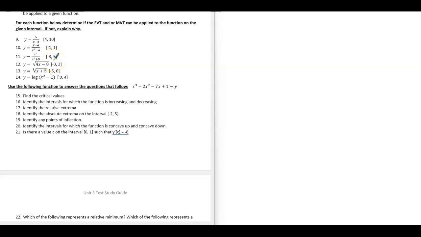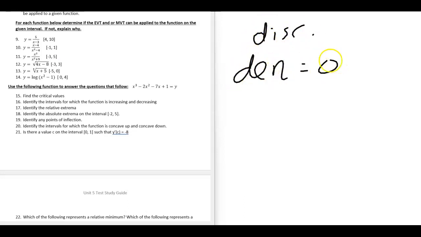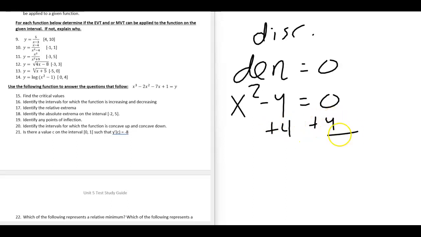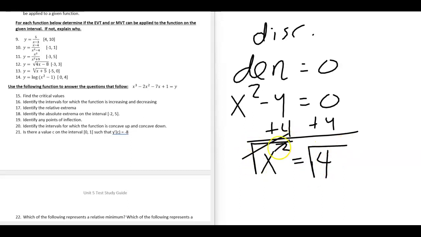So once again, it's another rational function. So there's going to be a discontinuity when the denominator equals 0. And in this case, my denominator is x squared minus 4. Now, to solve this one, we're going to add 4. And you guys got to be careful here because I know a lot of you tend to forget to do this. When you take a square root, you need to remember that that gives you a plus and a minus.